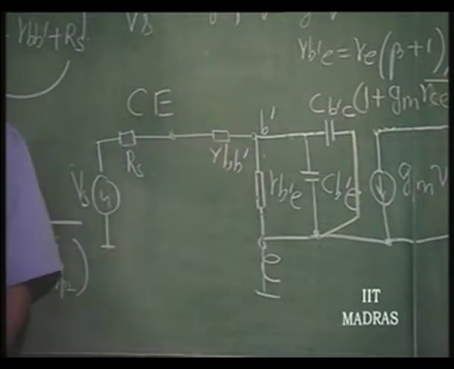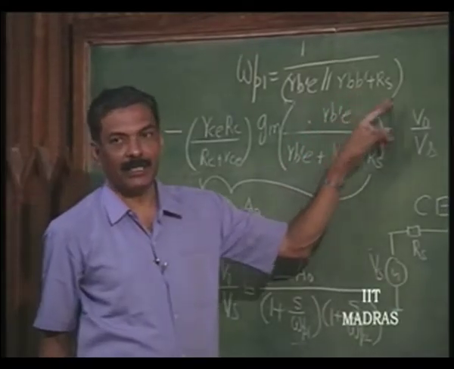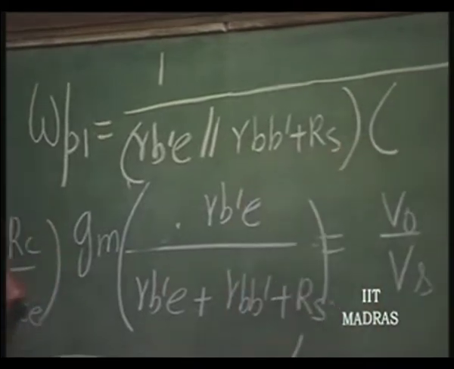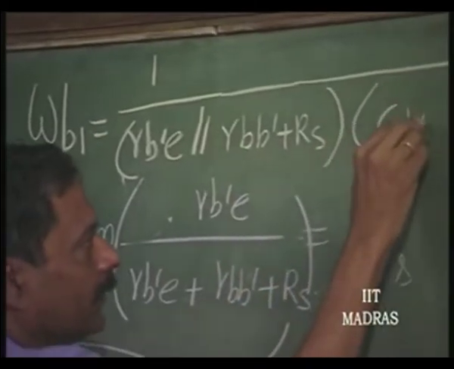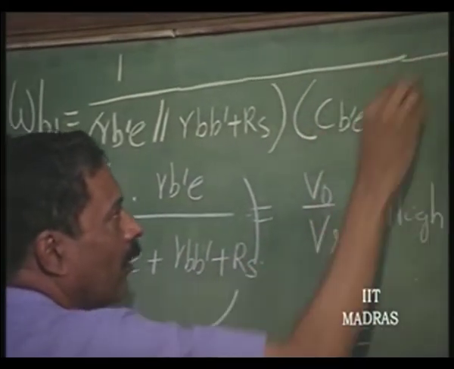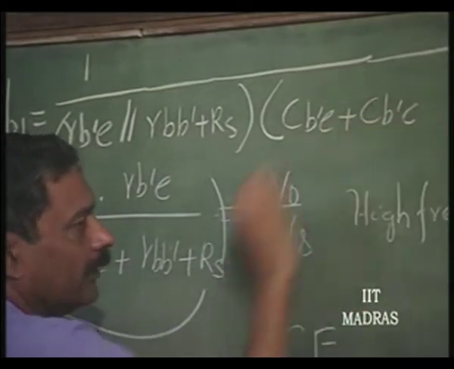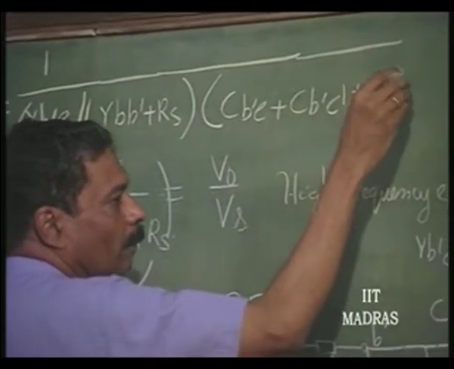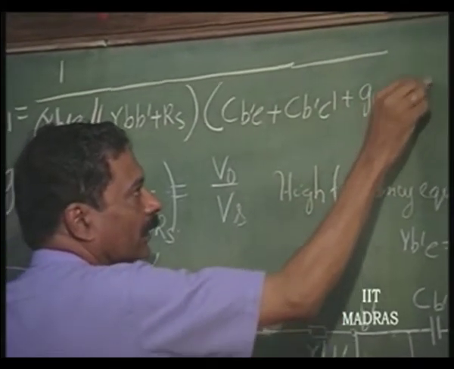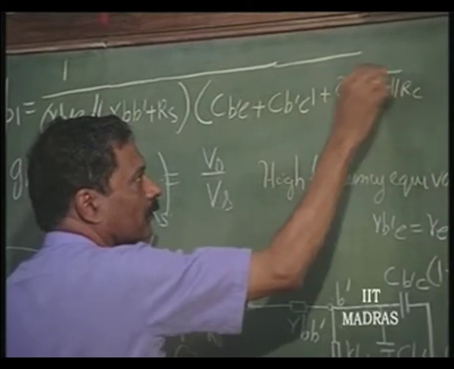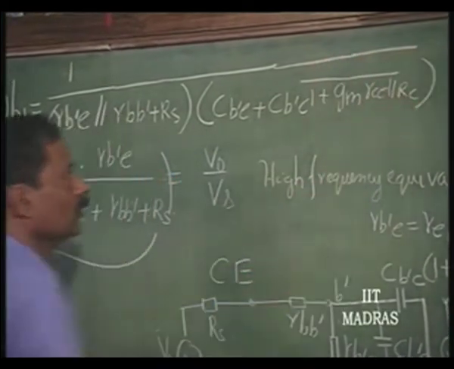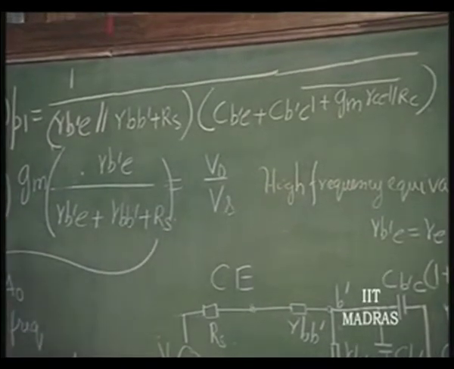So, essentially it will be Rb dash e parallel Rbb dash plus Rs into Cb dash e plus Cb dash c into 1 plus Gm Rc parallel Rce. So, that is omega P1.